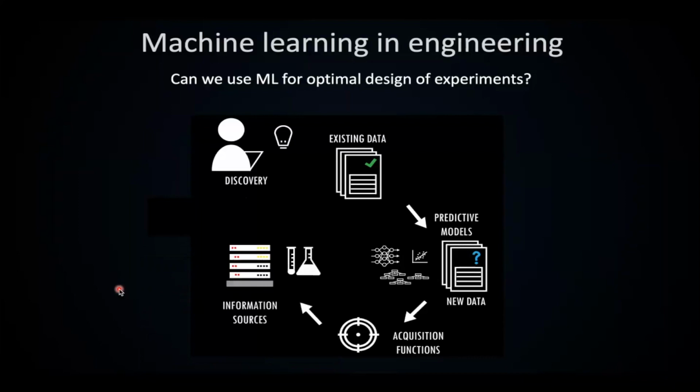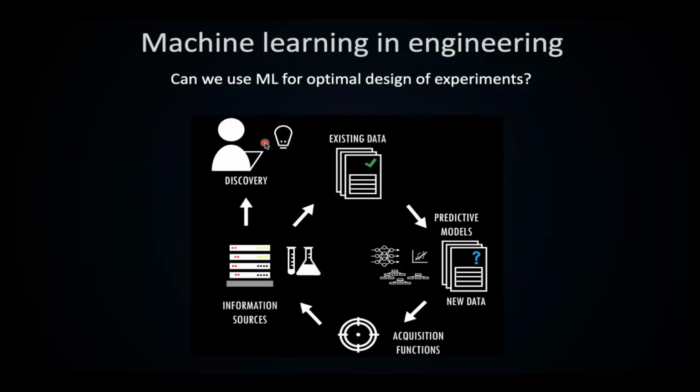So then you go and query your source of information. You run the experiment, or maybe run a simulation, and you try this new experiment. You're either done because you found the material with the properties that you wanted, or you add the material to your database and you iterate once more. And you keep iterating until you find the material that you're after.